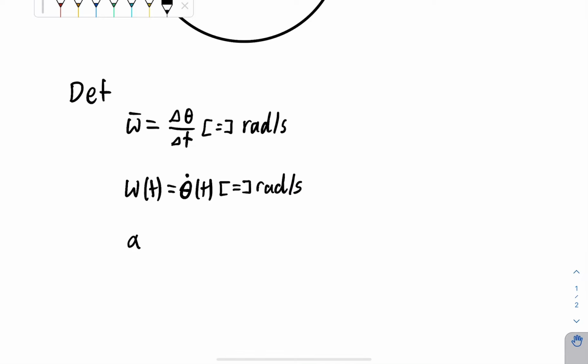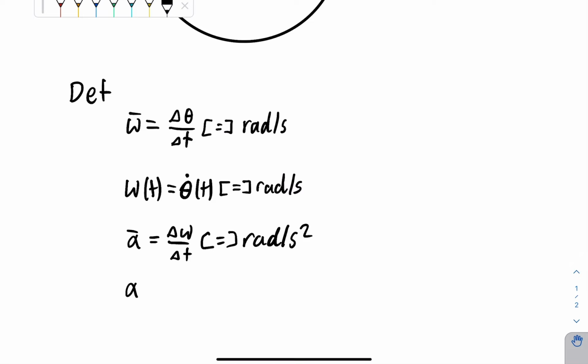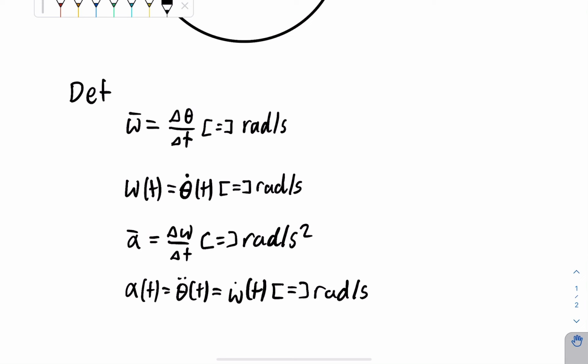We can define average angular acceleration as delta omega over delta t, which is in units of radians per second squared. Finally, we can define instantaneous angular acceleration, alpha of t, as being equal to theta double dot of t, or omega dot of t, which is equal in units to radians per second squared as well.